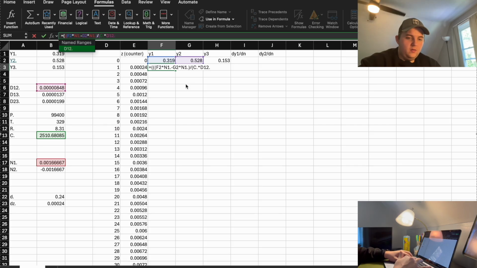and then we're going to add our y3, sorry, our negative y3 multiplied by our n1. Again, this is exactly what we did in the first part.